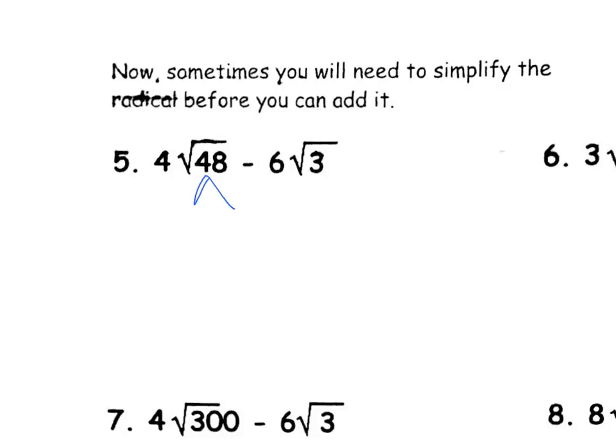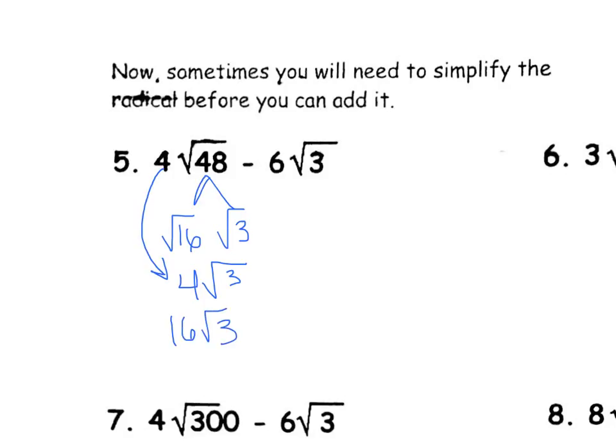Okay, 48, if you go back to your perfect squares list, the highest perfect square that goes into 48 is 16. So radical 16, 16 goes into 48 3 times. We know the radical 16 is 4. Attach the radical 3, and don't forget that this 4 in front will need to be multiplied. 4 times 4 is 16 radical 3.